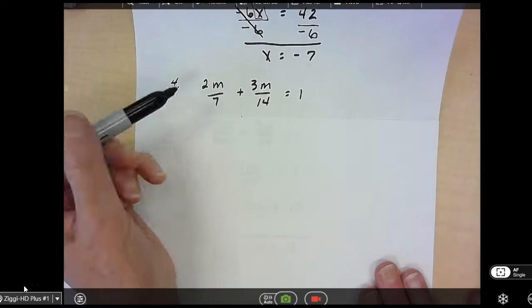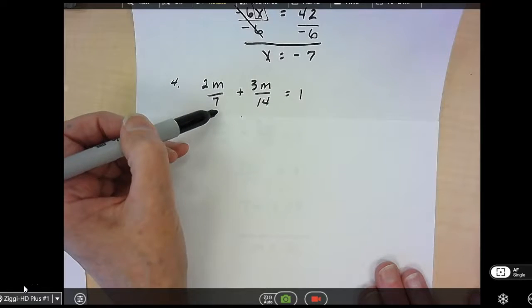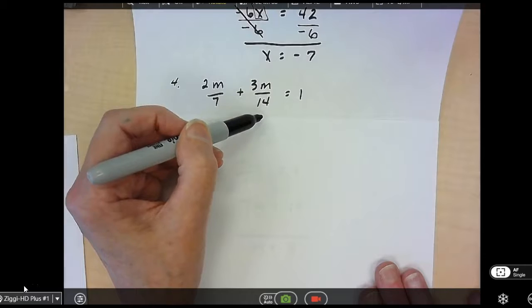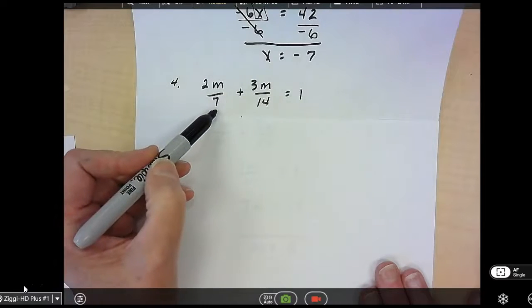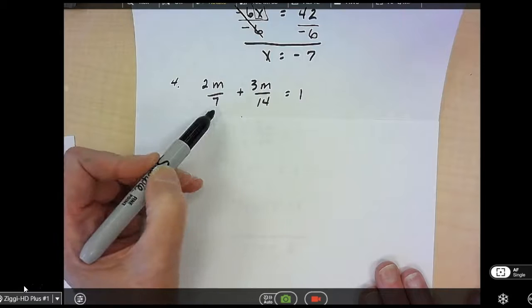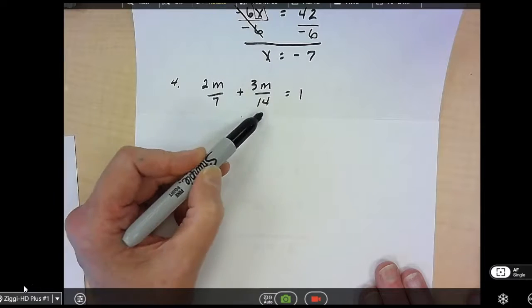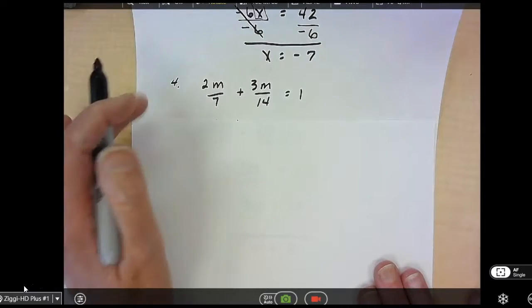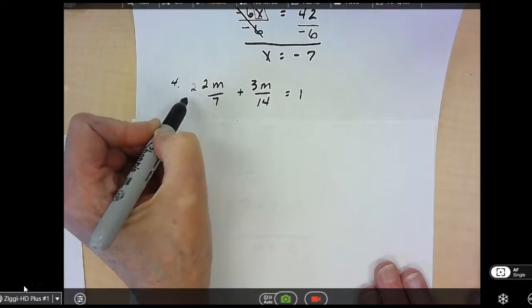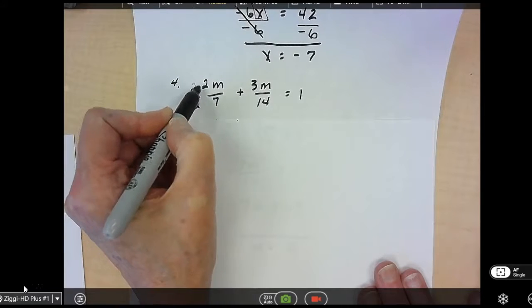Alright, so problem 4 says 2m divided by 7 plus 3m divided by 14 equals 1. I have 7 and 14. Well, 7 times 2 is 14, so my common denominator is 14, so I have to multiply by 2 over 2.